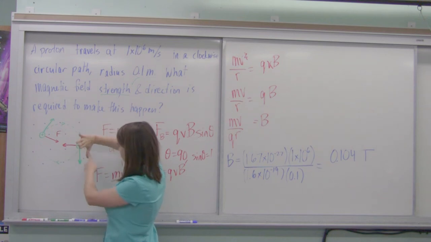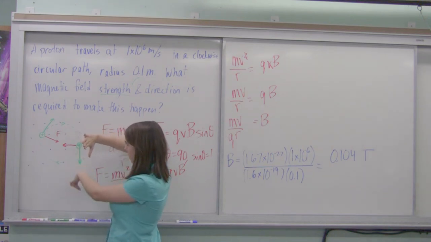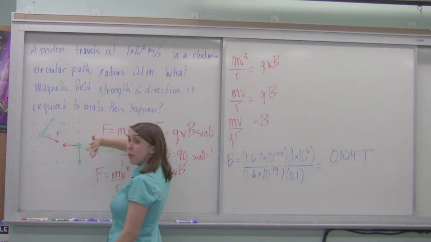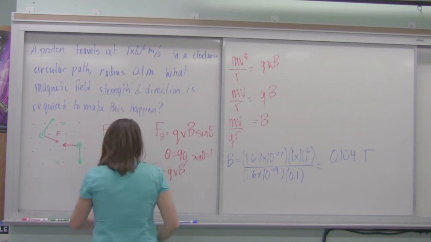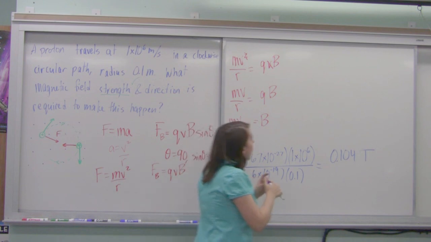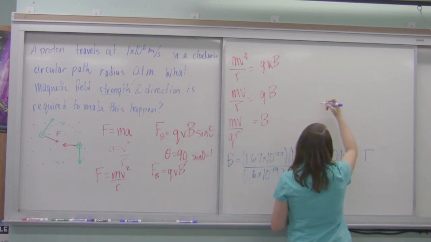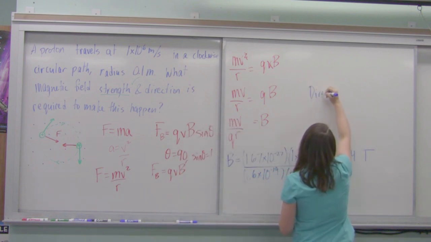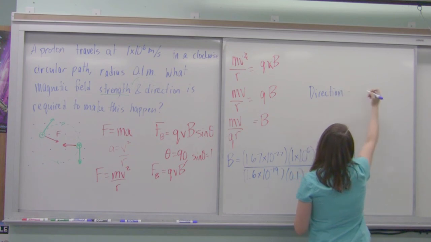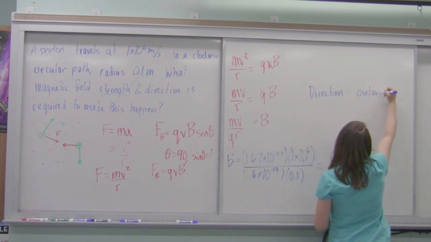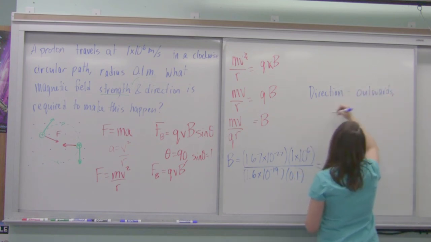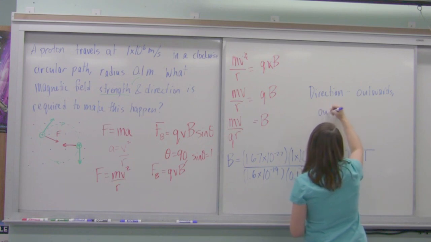Yeah, okay, so my thumb has to be pointed down for the moving positive charge. The only way for me to do that is my fingers pointed out of the board. So no matter how we set this up, we're always going to get that the direction is outwards. We could say pointed out of the board.